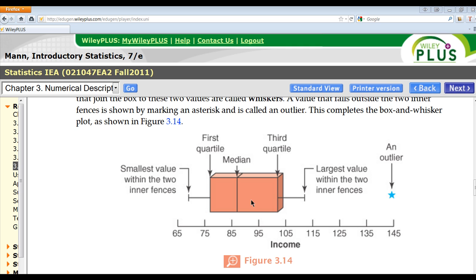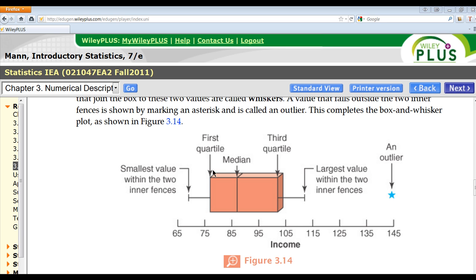For example, here I can see, because this line is at about 85 or 86 or 87, that I can estimate the median is around 86 or so. The third quartile is at about 100, say, maybe about 102 or 103, which tells me that 25% of all the incomes are above that point, and 75% are below that point.